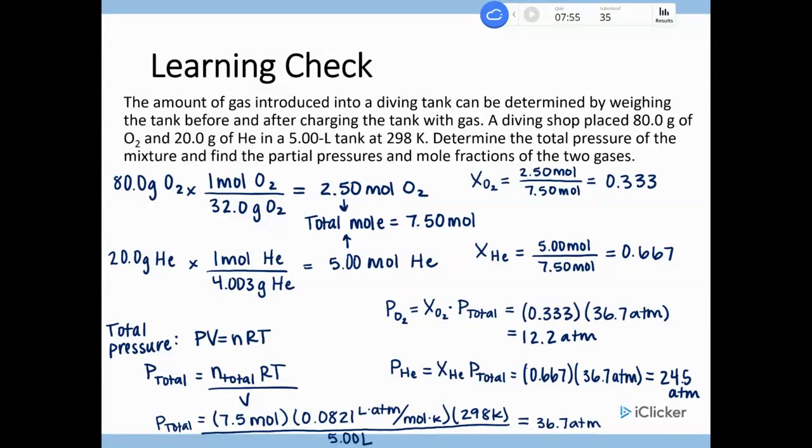We've got a few different steps that we're going through here. Another check you can do when you calculate your partial pressures: make sure that the sum of these equals total pressure. Another thing you can double check.